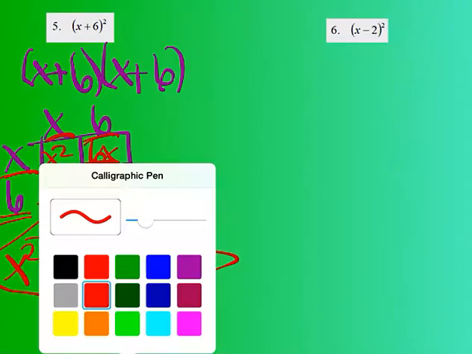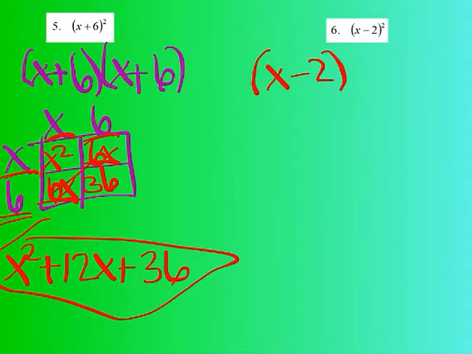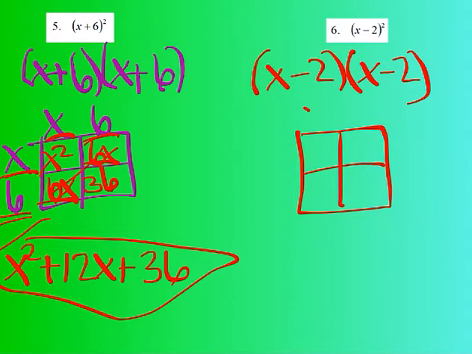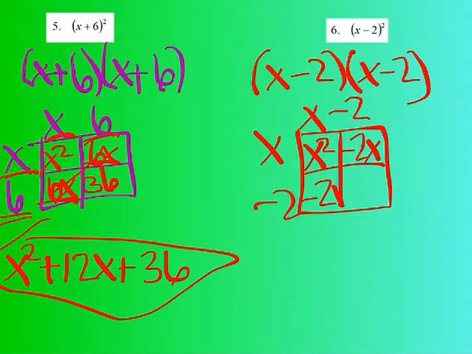Okay, let's take a look at number 6. Number 6 is going to be the same thing. I'm going to have x minus 2 times x minus 2. Again, not just distributing that squared in. So I'm going to go ahead and set up my box. So I'm going to have x minus 2, x minus 2. And then I have x squared, minus 2x, and negative 2 times negative 2 is 4.